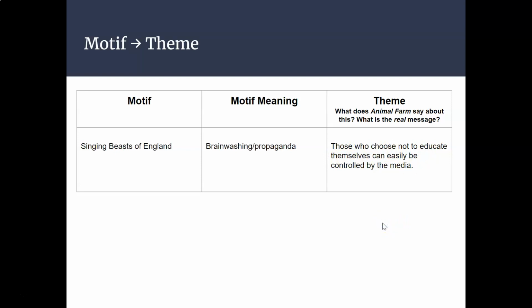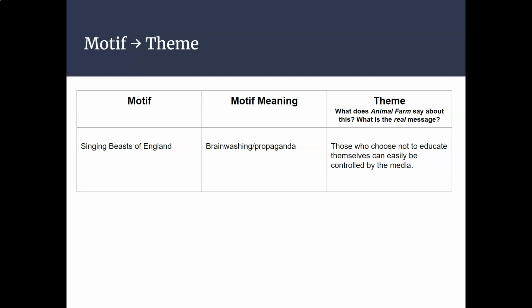And now let's do an example from Animal Farm. I mentioned earlier that the singing of the song Beasts of England is something that is repeated. Because Orwell repeats that so many times, we have to notice that he's trying to use it to send us a deeper message. That message would be brainwashing and propaganda, right? Any kind of pledge or anthem is in fact a method of propaganda.